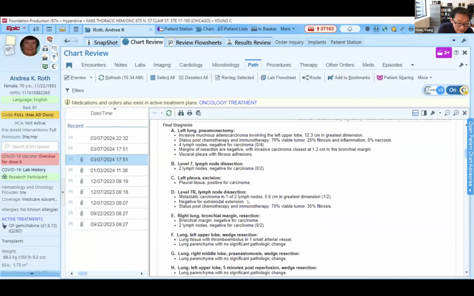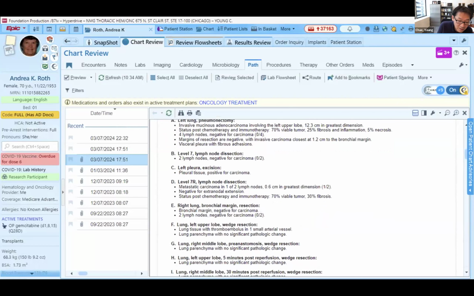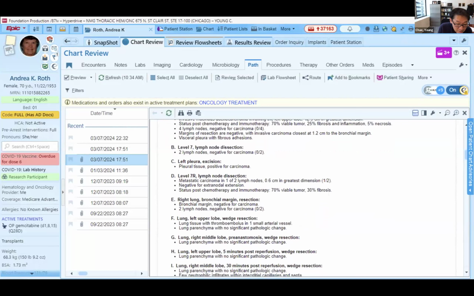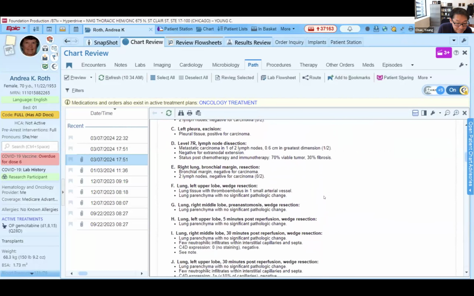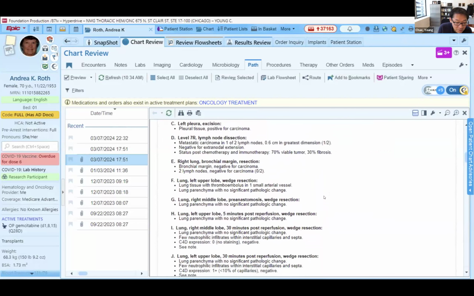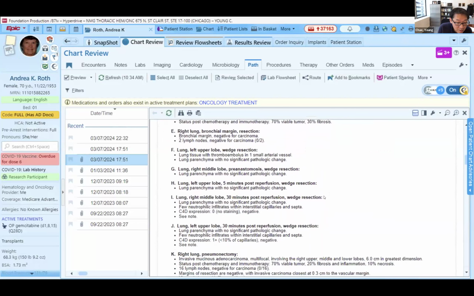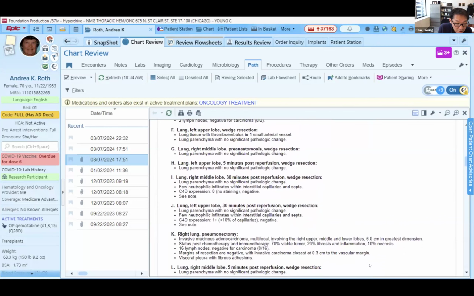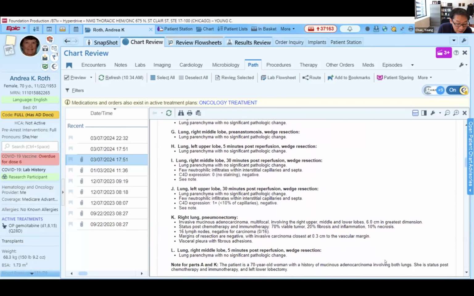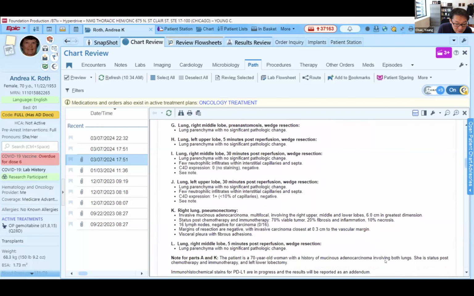That's bad. 7R, 0.6 centimeter, one was positive. Chemotherapy killed 30% of tumor. And the right lung margins negative, left upper lobe, middle lobe, and then right, okay. So right pneumonectomy, okay.